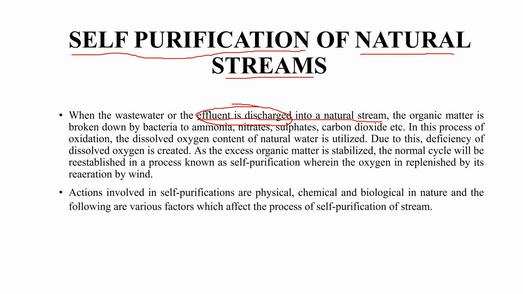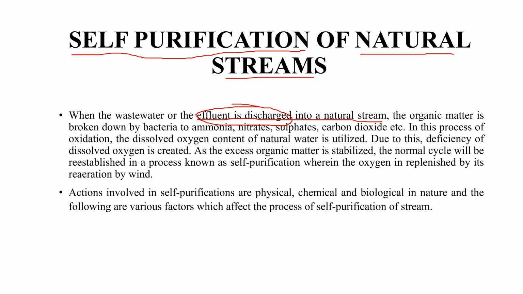There are norms to treat them properly, but when it comes to industry, they discharge the effluent in a manner that lets them avoid some treatment processes. Eventually contamination takes place in the natural stream. This is where the self-purification of natural streams takes place.